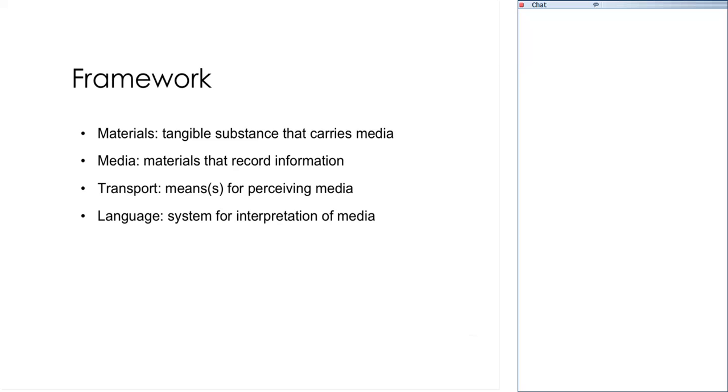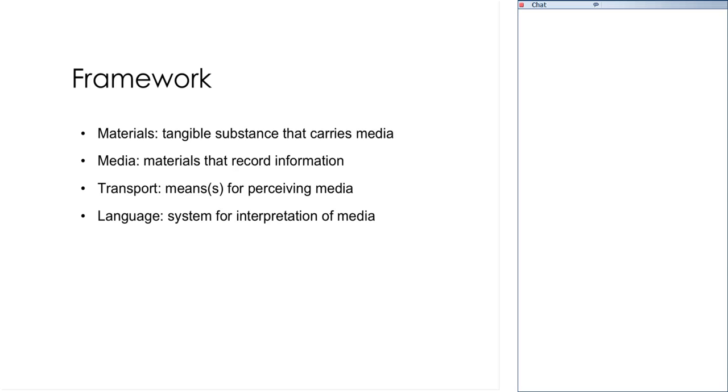This is a general preservation framework that I find helpful. Like all things, it has its accuracies and its inaccuracies, but it's useful in trying to determine what the preservation issue at stake is, to divide the problem up into a couple layers. One of those layers is the materials that are involved, so a tangible substance that carries information: a sheet of paper, a clay tablet, a compact disc, a piece of magnetic tape.